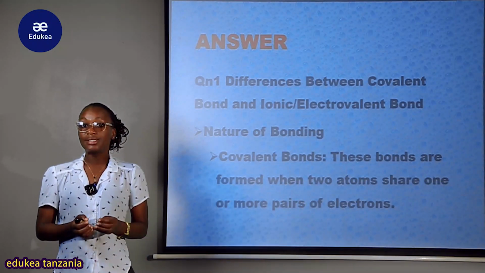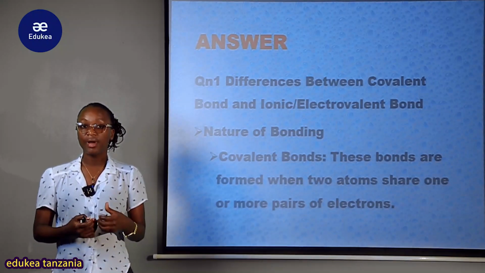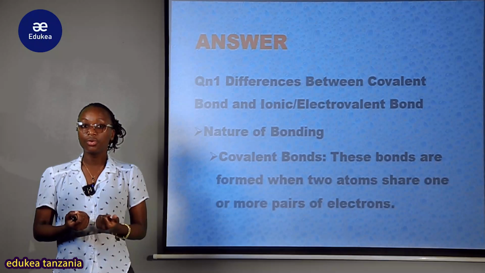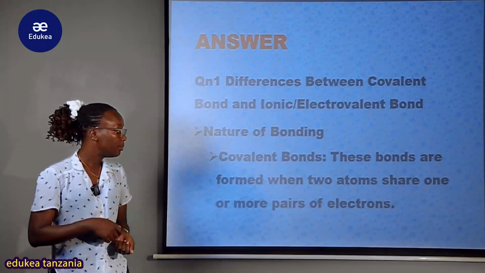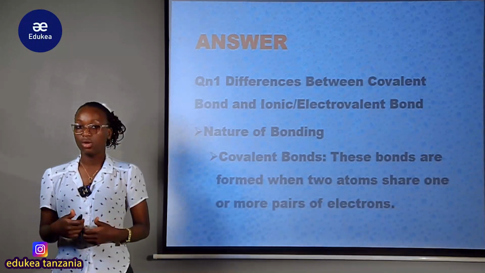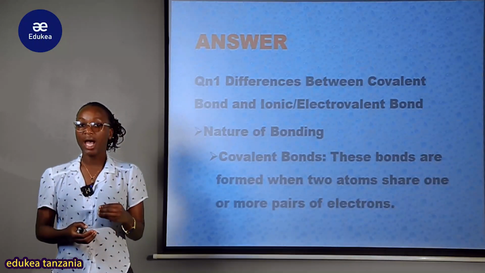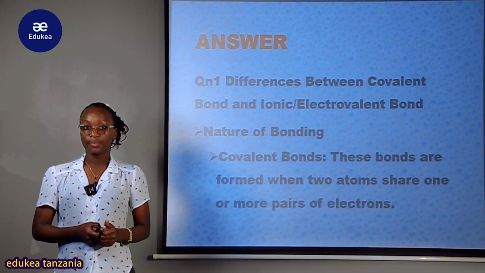So nature of bonding is sharing. So you will see that in covalent bond, nature of bonding is through sharing of electrons. The atoms share 1 or more pairs of electrons. So through sharing, this is how covalent bonds can be formed.